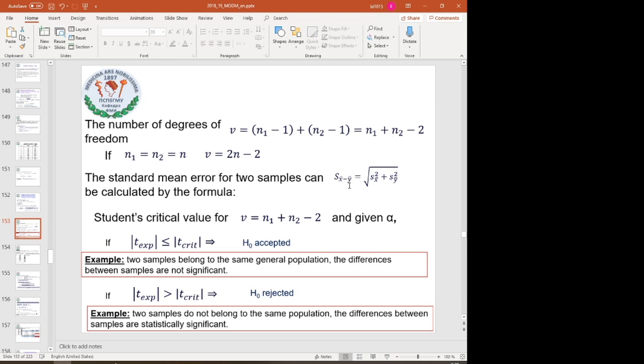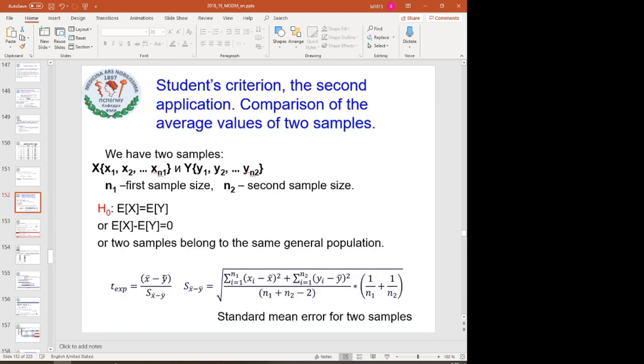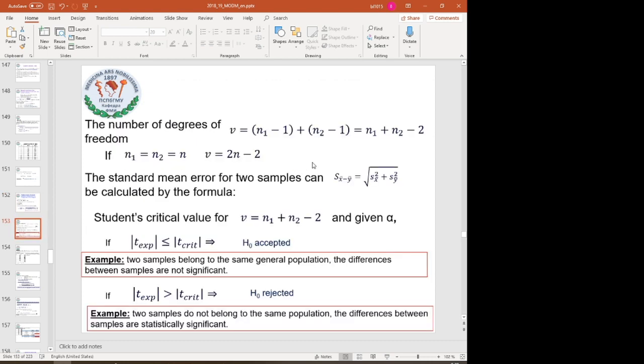Calculating standard error, then subtracting one mean from another over the calculated standard mean error, we will get the experimental value of t-test for two samples.